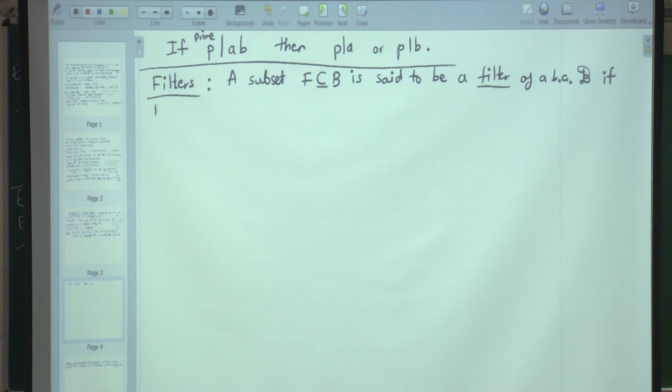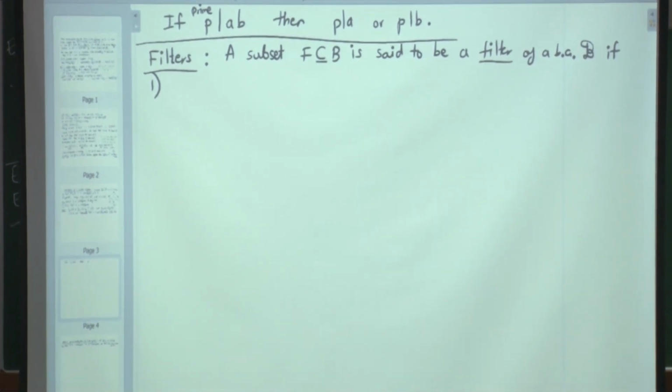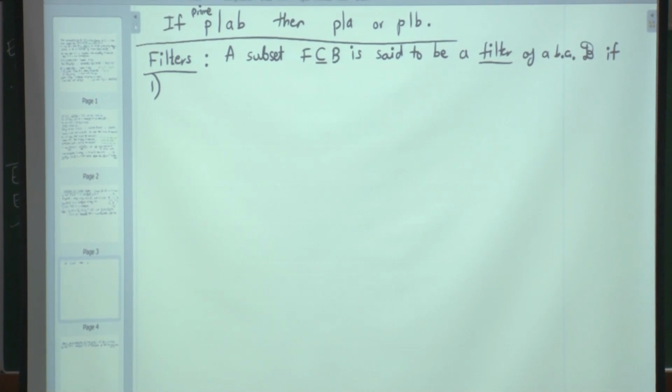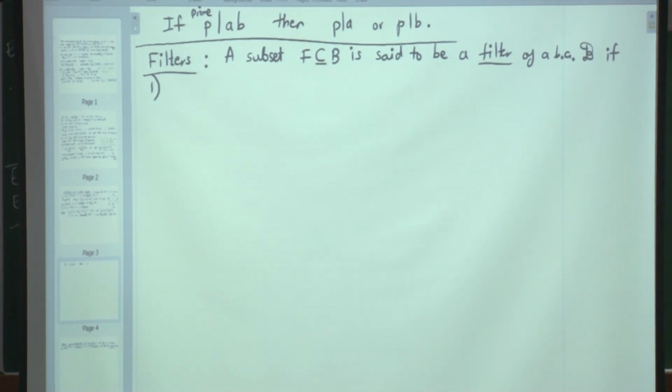if, now it must have some properties. First of all, we do not want filters to be empty, and they should always be upper subsets. You understand upsets? Upsets means if an element is there, then all its upper bounds are also there. So first thing I will say, if upper bounds are there, then in particular 1 should be there.